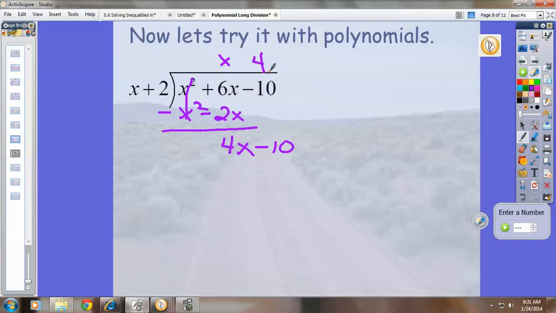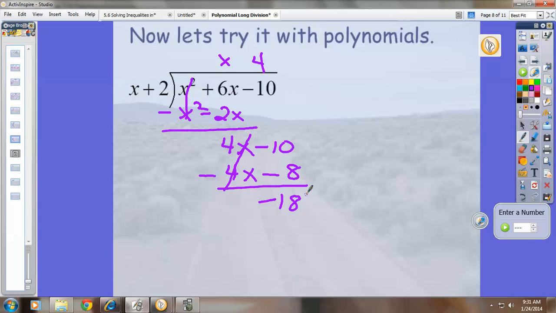We multiply. 4 times x is? 4 times 2 is? After you multiply, what do we do? Subtract. So we're going to change those signs. So 4x minus 4x is going to cancel. What is negative 10 minus 8? Negative 18.